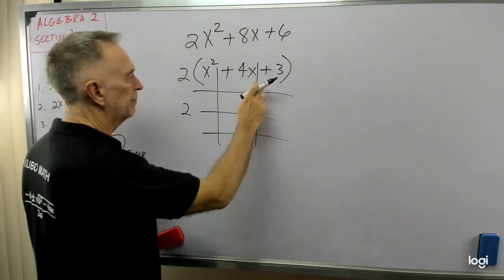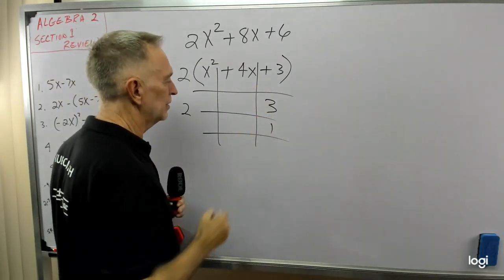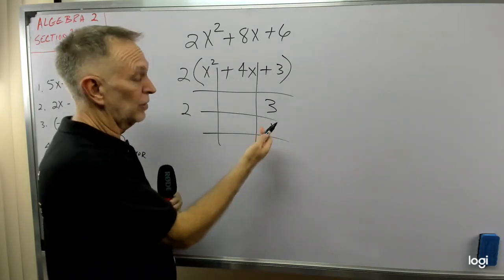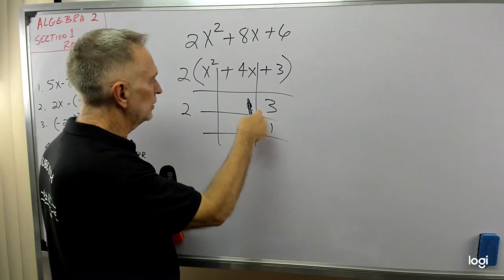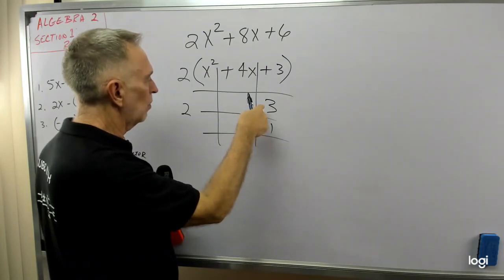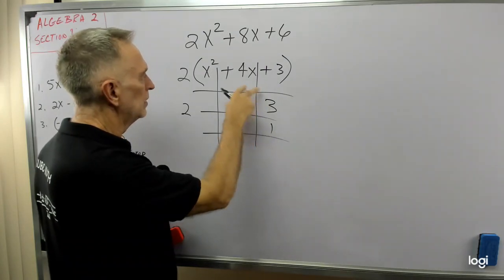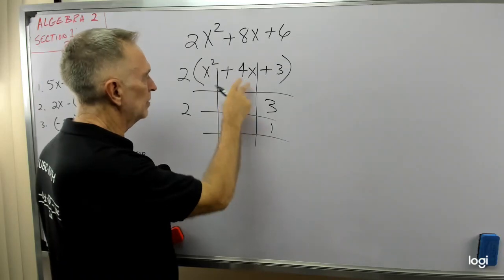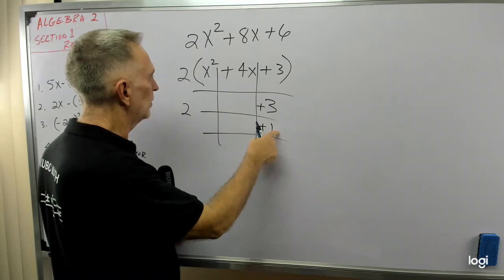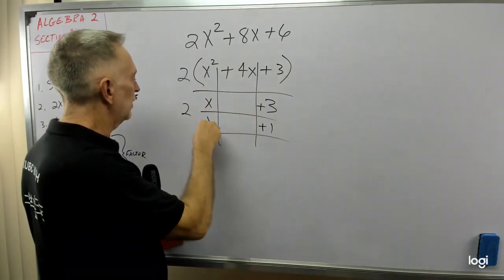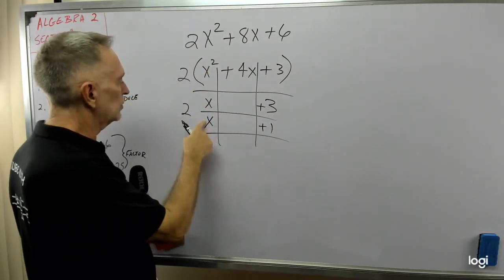Okay, the factors of 3, not too much I need to do there, it's 3 and 1, prime numbers. They're positive, so these could be negative and negative, or positive and positive, but since they're adding up to be a positive 4, I know that's a positive 3 and a positive 1. The factors of x to the second power are x times x.